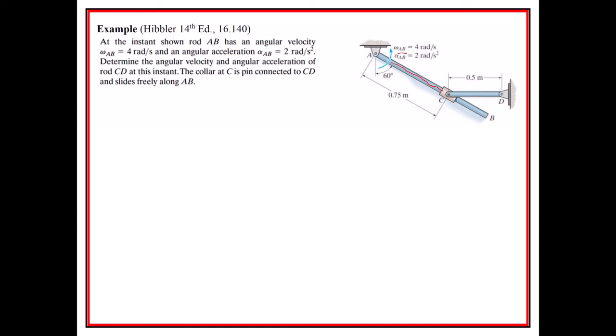Let me go all vectory onto this and say that omega AB is equal to 4k radians per second, and alpha AB is going to be 2k radians per second squared.